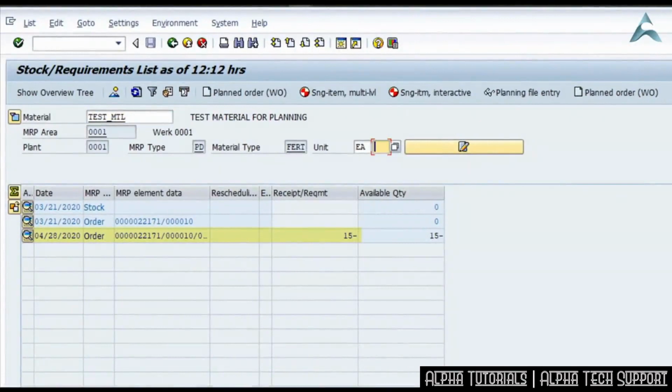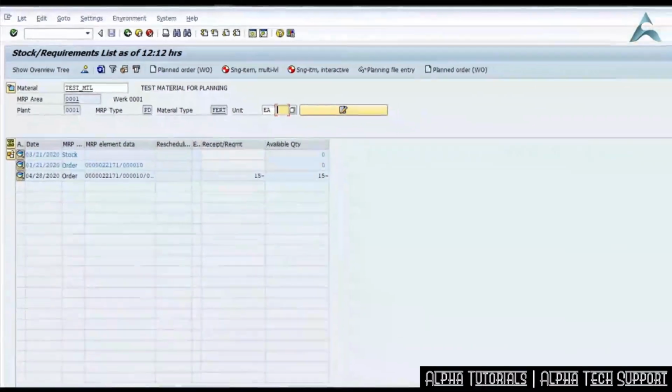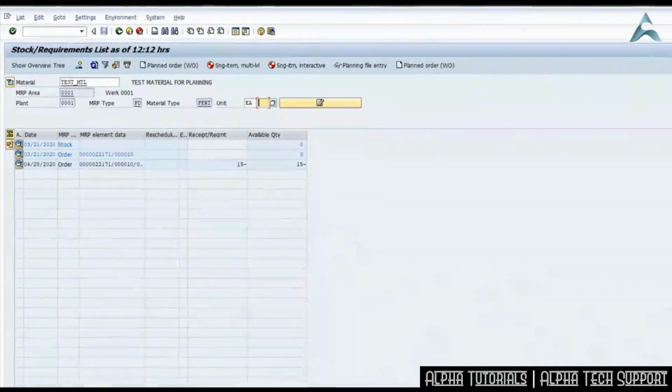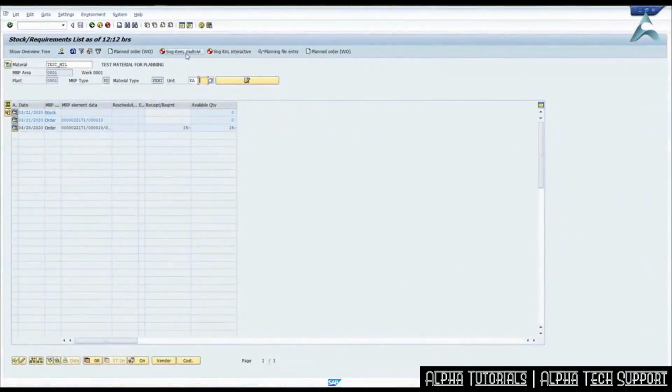And because MRP will immediately net out demand from available inventory, you can see that the projected available inventory is negative 15 eaches. So we currently do not have this in stock, and if we don't make it, we will not be able to fulfill this order. But the key point of a make-to-order scenario is, now that there is firm demand in the system, when we run MRP, the planning engine will respond to that by creating a planned production order. So let's run MRP next using our hotkey.